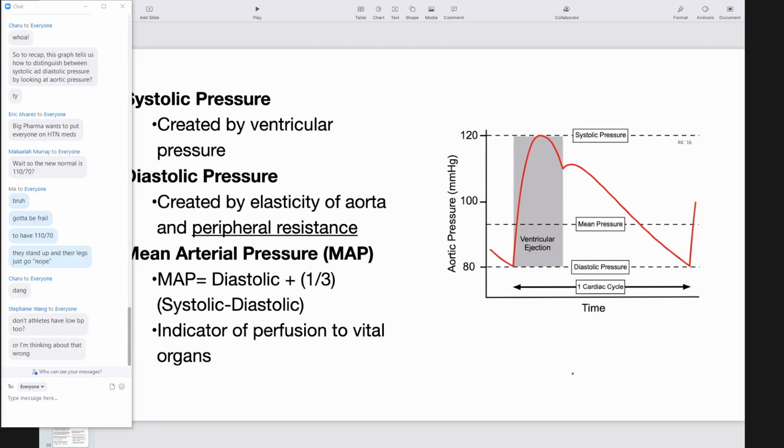Don't athletes have a low blood pressure too? Yeah, they do have a low blood pressure. It's more that they have a healthy blood pressure because their heart health is fantastic. Their muscles are conditioned, so they don't need as much cardiac output at any given moment.